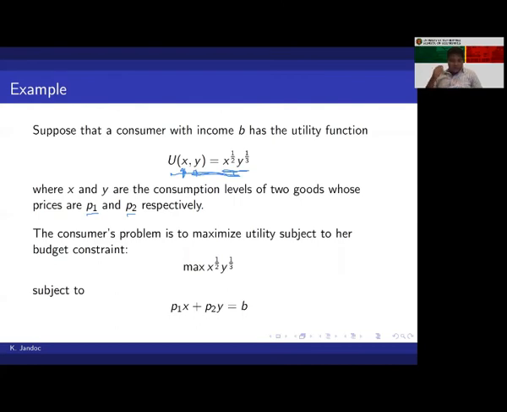So the problem for this particular consumer is to maximize this utility, X raised to the 1/2 times Y raised to the 1/3, subject to her budget constraint. So P1X is the consumer's expenditure on good X. P2Y is the expenditure of the consumer on good Y. So it's price times quantity. And the total expenditure should be equal to a certain budget. So you must not overspend.